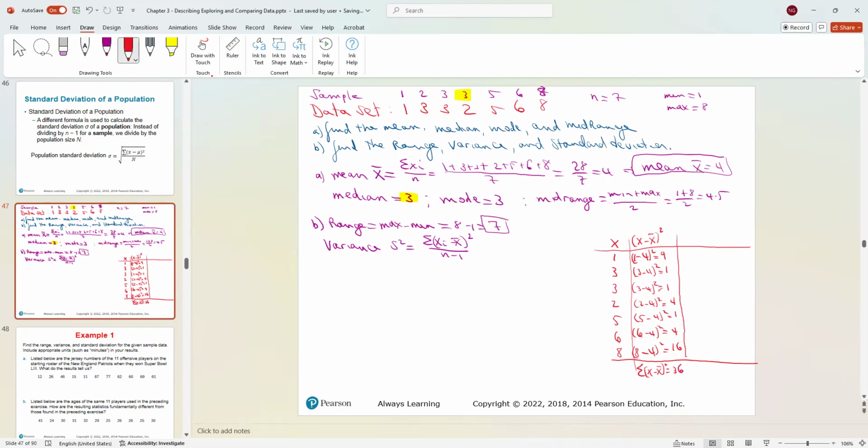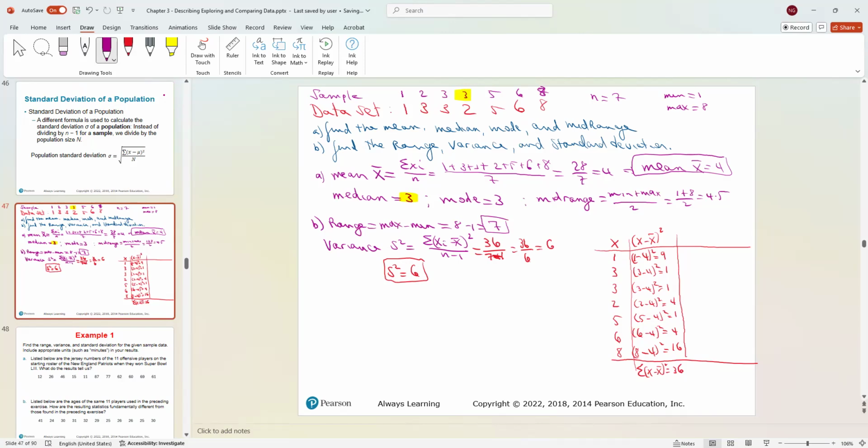Now we can answer the question. The sum of (x minus x bar) squared divided by n minus 1, where n, the number of data in the data set, is 7, so 36 over 6, which is 6. So we find the variance, S squared, equals 6.